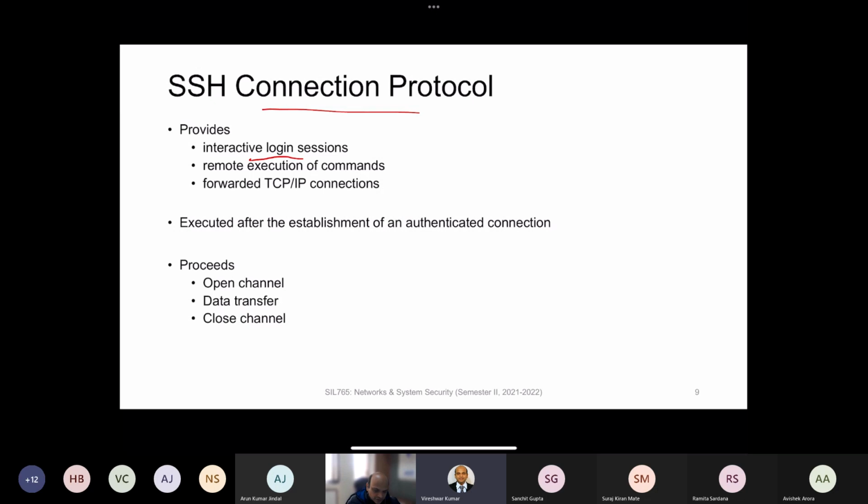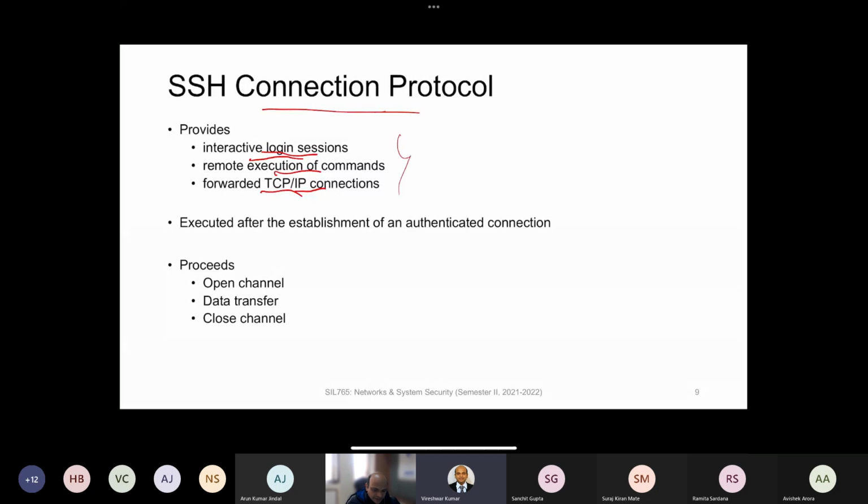Because of this sub protocol of SSH, you can have interactive login sessions, remote execution of commands, and then there is something called port forwarding. You can read about it more. You can read about this port forwarding in the book as well.